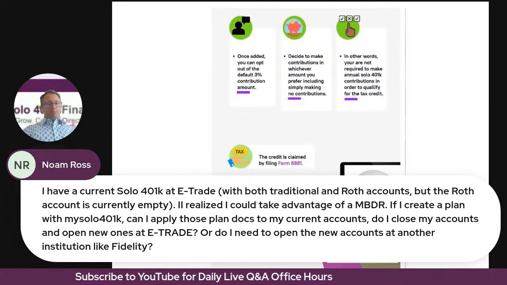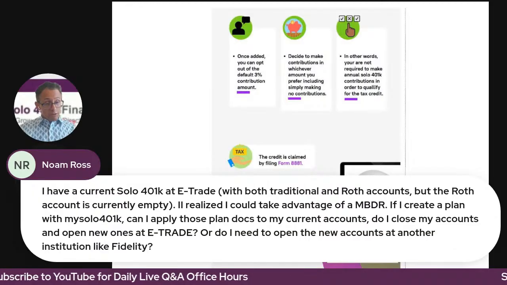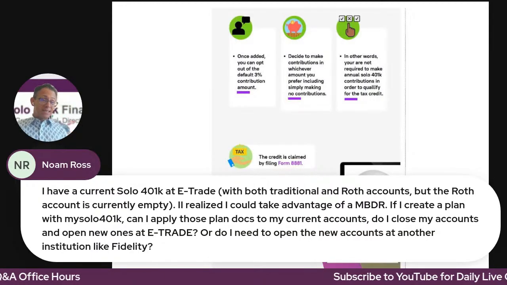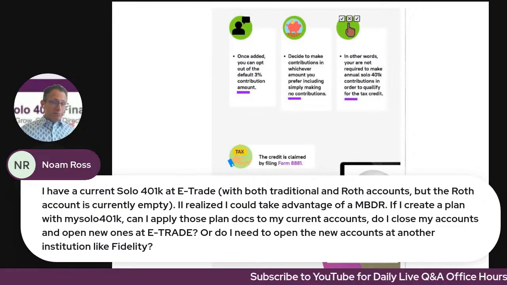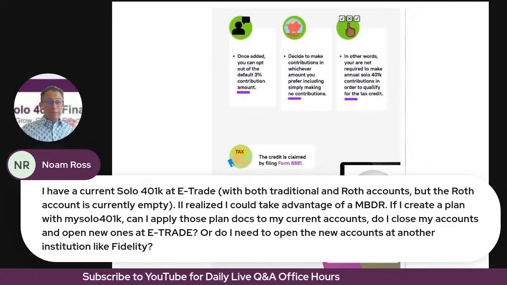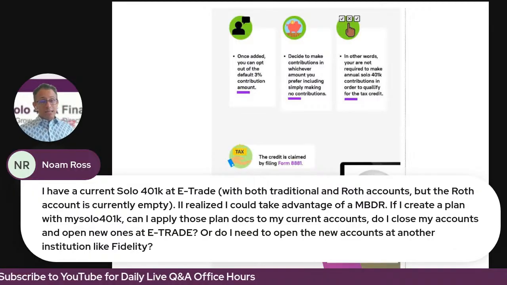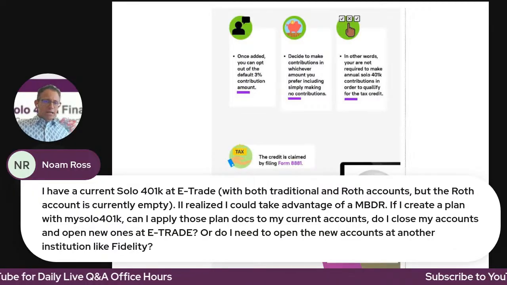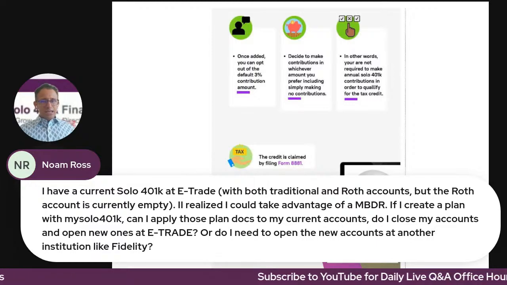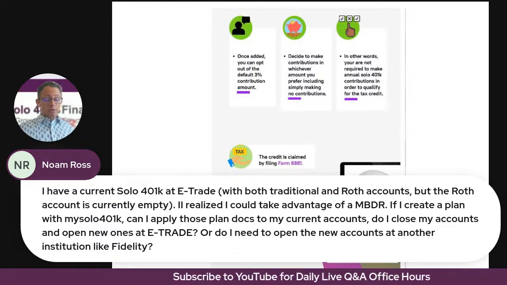the brokerage accounts for the solo 401k plan that we offer, while they can be opened at E-Trade, it's a nightmare to open them at E-Trade, to be blunt. And it's a nightmare on E-Trade's side. For some reason, ever since they merged with, I think, Morgan Stanley, E-Trade has been horrendous to work with.